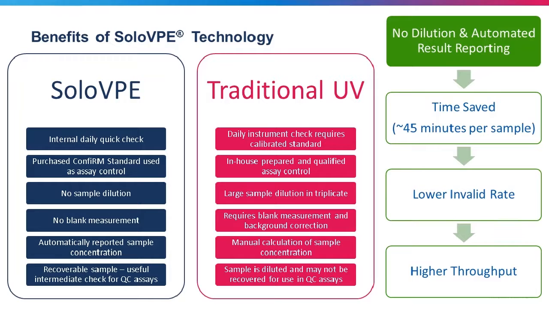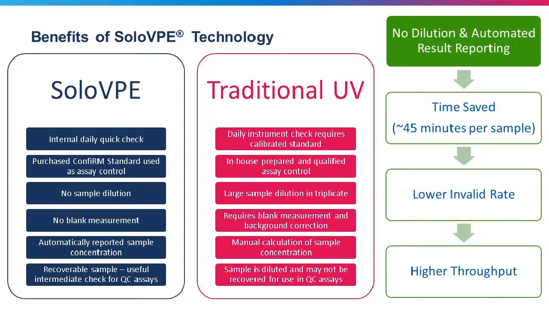The SoloVPE would not require any sample dilution, whereas traditional UV typically requires dilutions in triplicate. SoloVPE would not require a blank measurement as we're not diluting the samples and do not have to test the diluent, whereas traditional UV would require this blank measurement to ensure minimal background interference.